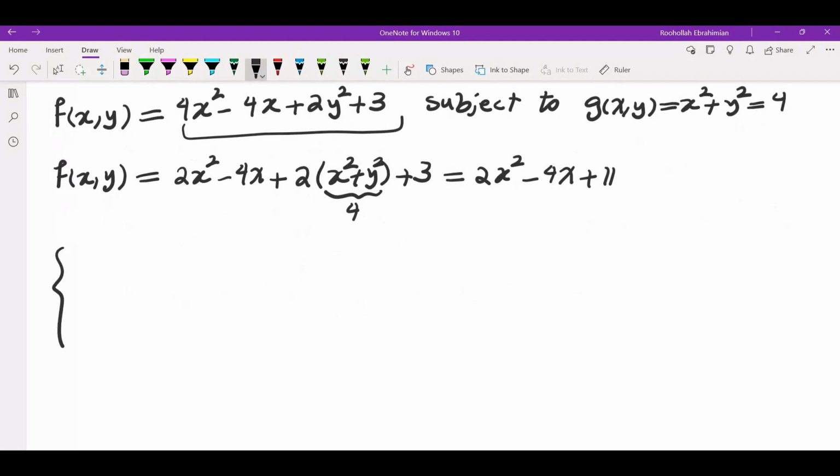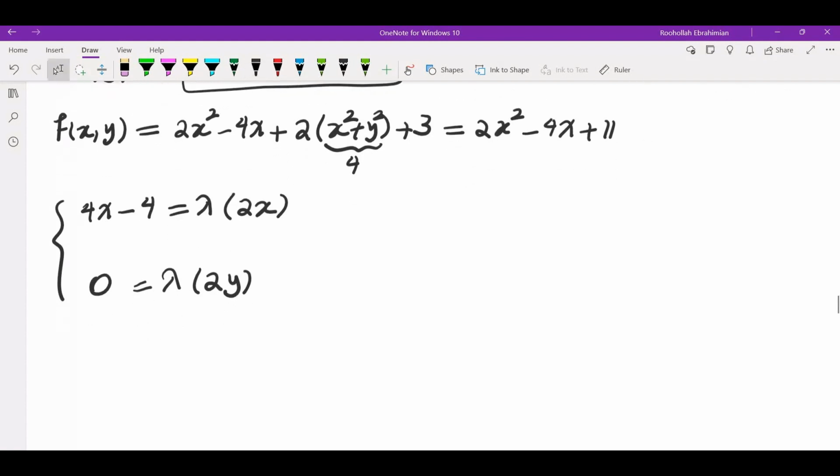So the system that we get is fx, which is 4x minus 4, equals lambda times gx. fy, which is just 0, equals lambda times gy. Clearly the second equation is better to use. So lambda is 0 or y is 0.